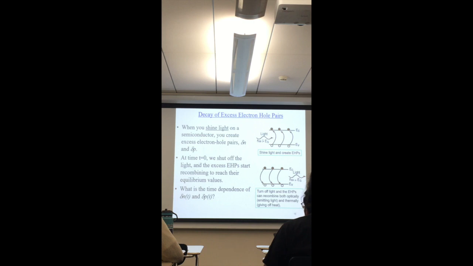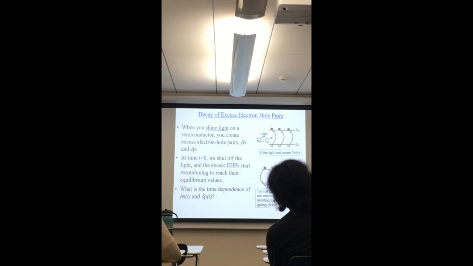So let's think about what happens if we shine light on a semiconductor. If we shine light on a semiconductor, the energy of the photons can be larger than the band gap. So these photons can be absorbed by electrons in the valence band, and then the electron can gain enough energy to jump across the band into the conduction band.